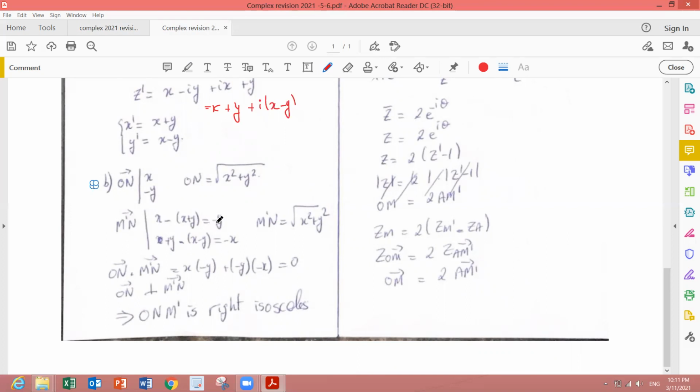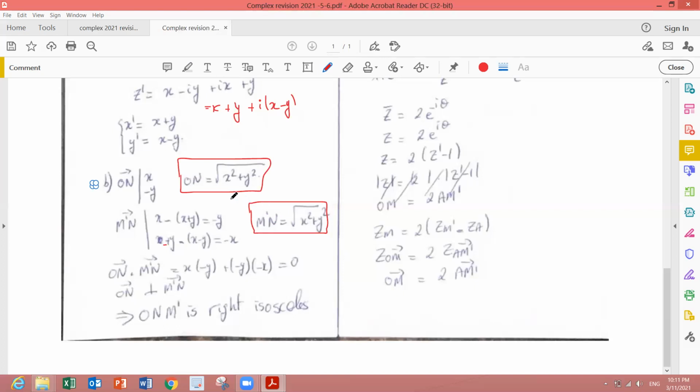We get minus y. yN, which is minus y, minus yM prime, which is x minus y, we get minus x. M prime N equals radical x squared plus y squared. So here ON equals M prime N, so the triangle is isosceles with vertex N.